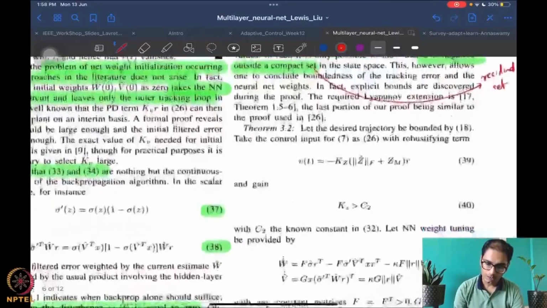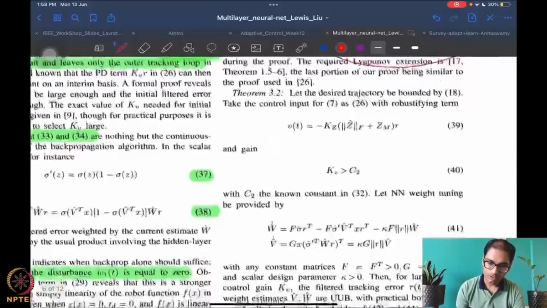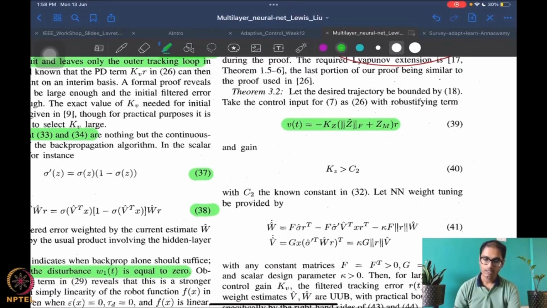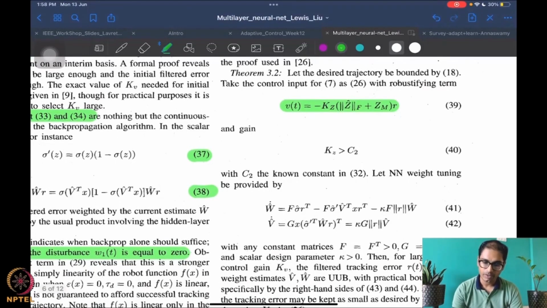Okay. So this is the sort of robustifying term that the authors introduce. This is essentially the robustification term. It contains, honestly, not a smooth term. It's a non-smooth term, if you may.